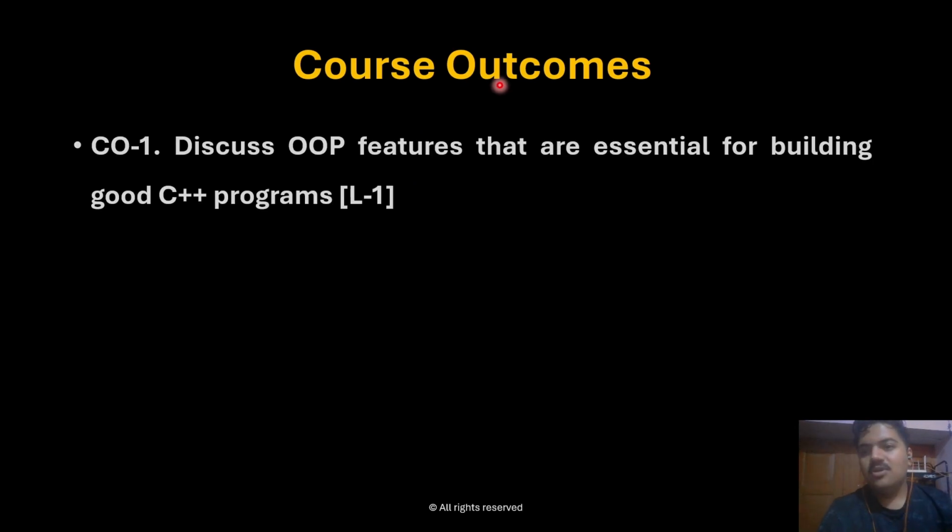Course outcomes. The first course outcome we will be discussing here is to discuss OOPS features that are essential for building good programs. OOPS features like inheritance, abstraction, encapsulation, message passing, and so on are called OOPS features, which will help us to write a good C++ program.